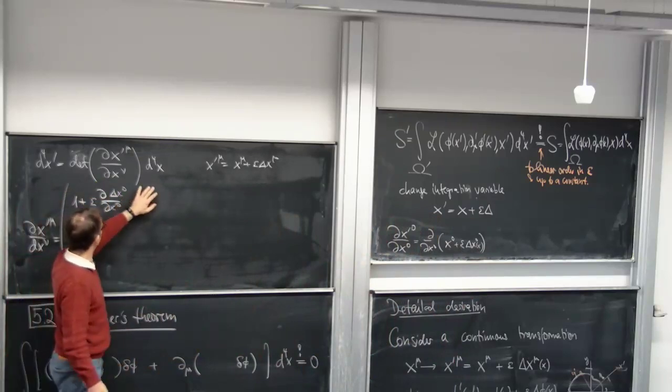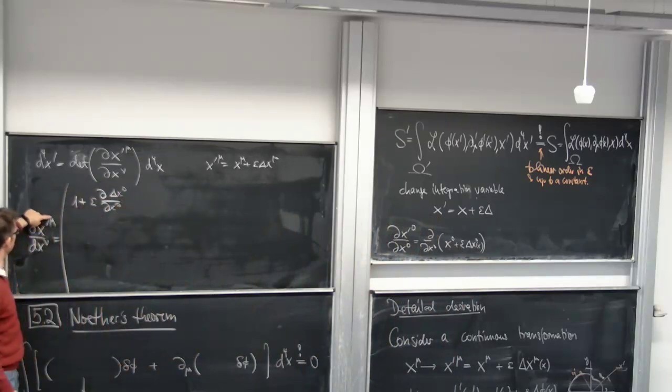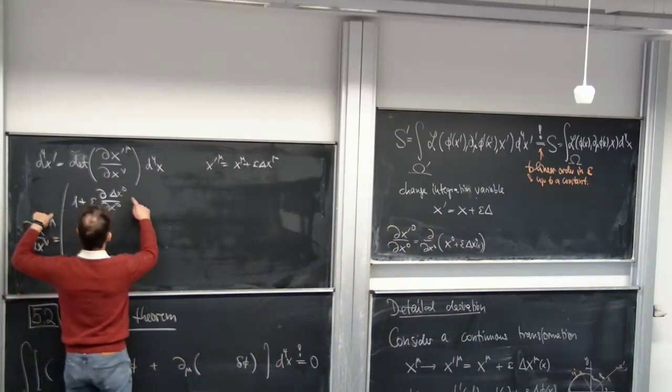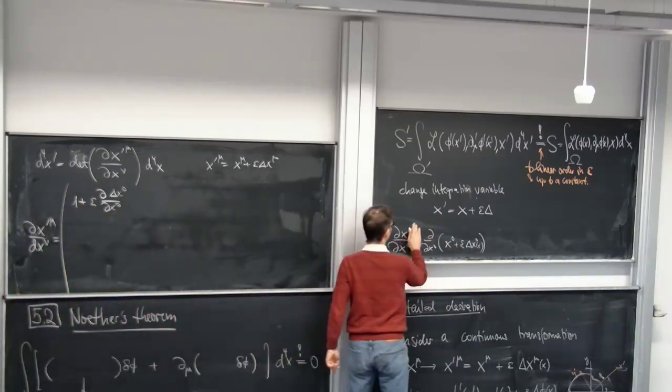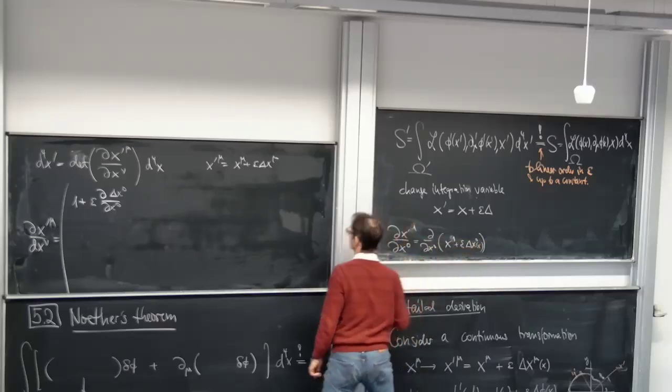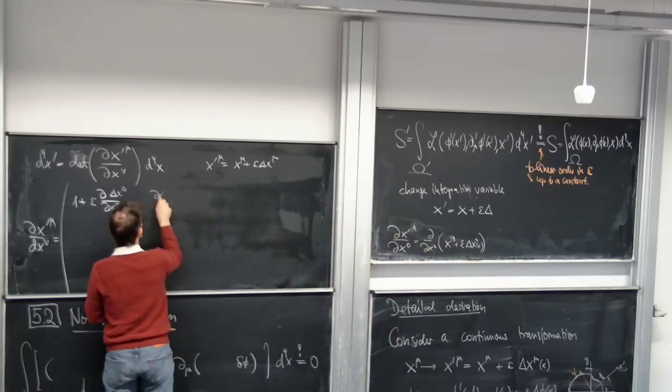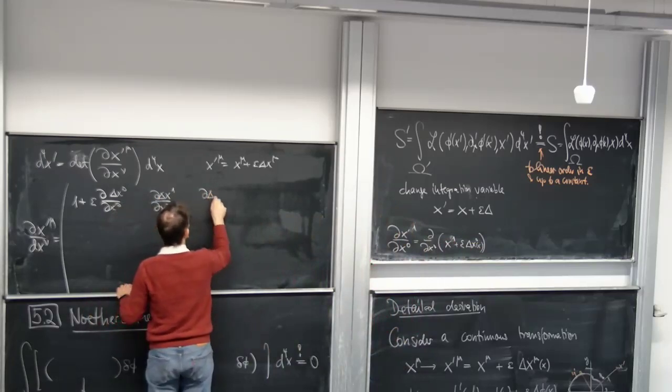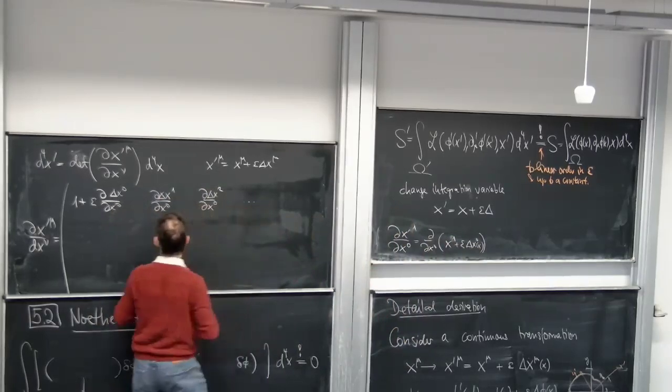Now, upper index here is now 1, and that is 0. So the first term doesn't give us anything, because 1 by 0 is 0, and then we have the delta 0. So here it's d delta x 1 by dx 0, then d delta x 2 by dx 0, and the third one.